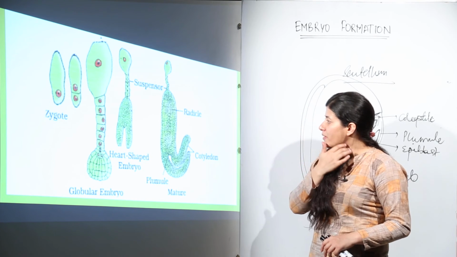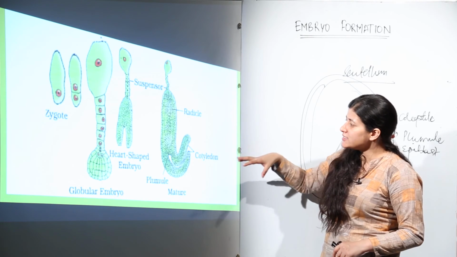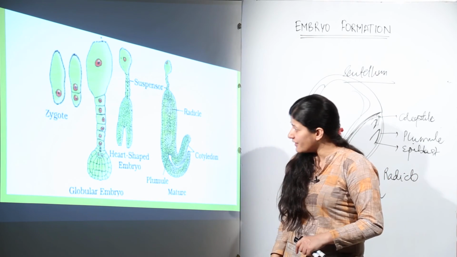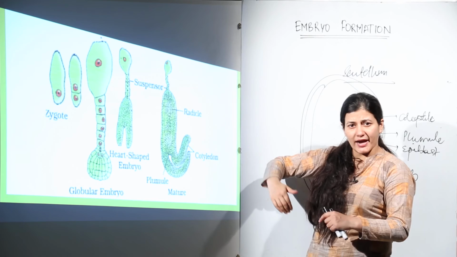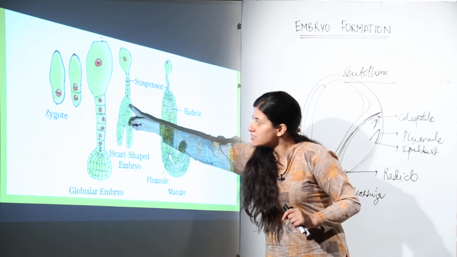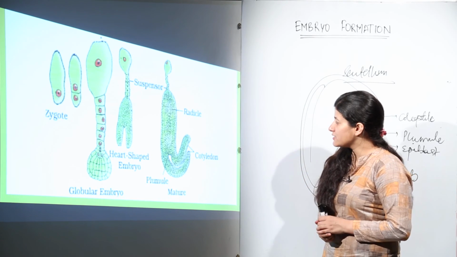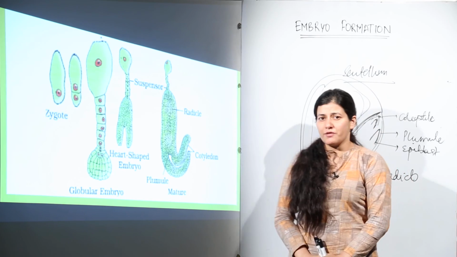Alright, this you have to remember. The suspensor is the cell that joins the terminal and vesicular cell. Later on the cells keep on adding, and it is a stalk-like structure that extends between this greater part and the topmost cell. So this is all you have to remember in the case of embryo formation.